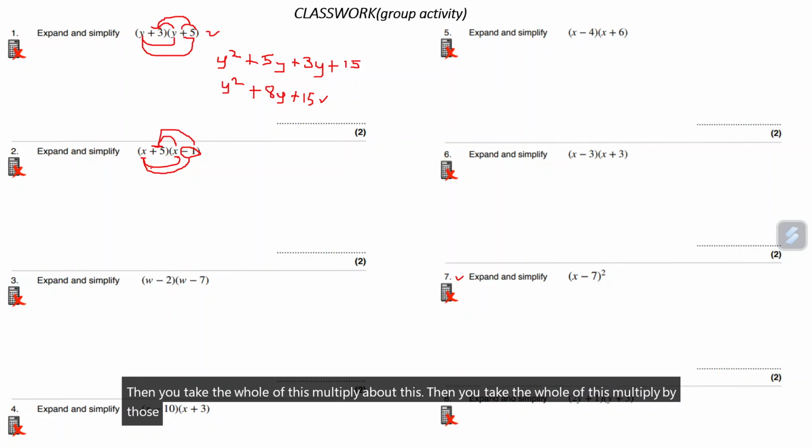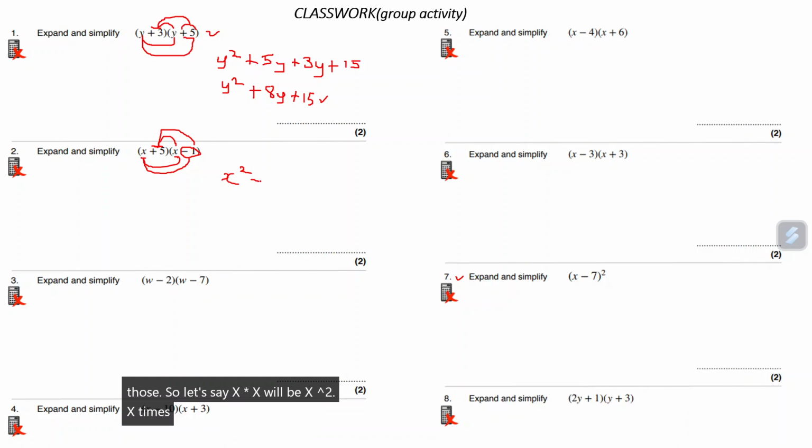So let's say x times x will be x squared. x times minus 1 will be minus x. Plus 5 times x will give us plus 5x. Plus 5 times minus 1, that will be minus 5.